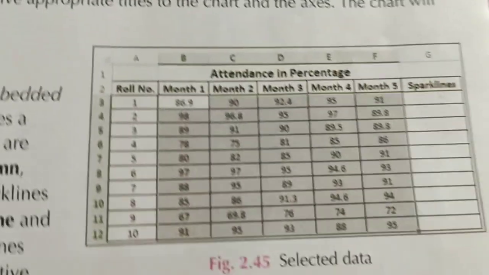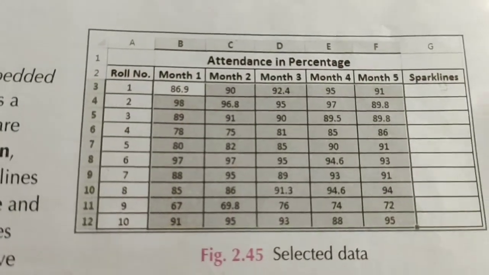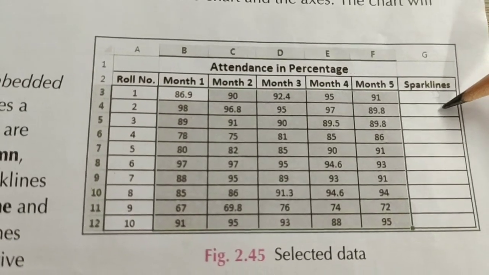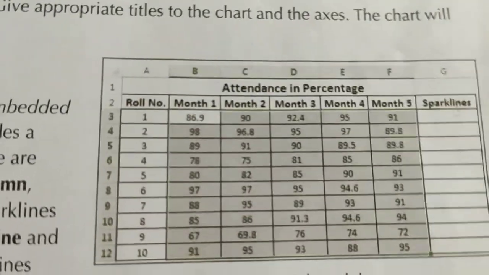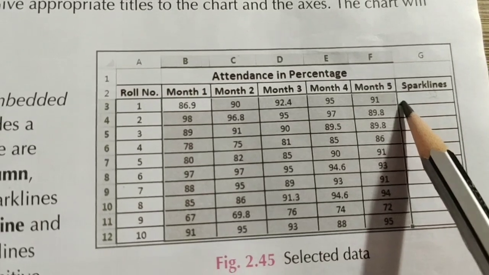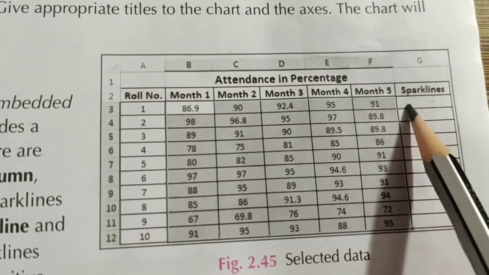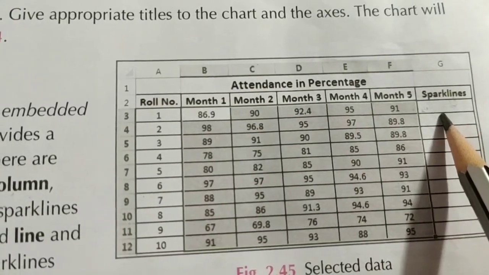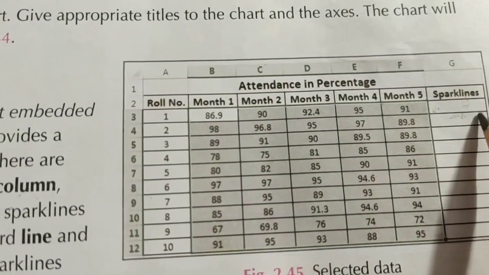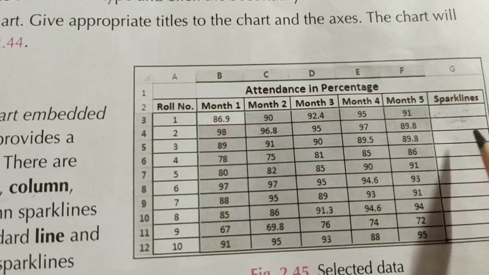The positive one we call a win and the negative one we call a loss. It might be written in words also, win if it is positive or loss if it is negative, or it might show in characters also, plus and minus.